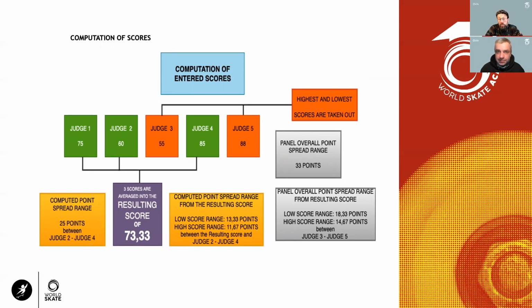Okay, why do we kick out the lowest and the highest scores? Well, basically, it's to have better consistency in the scoring, because there can be some difference of appreciation from some of the judges, and we figured out that this system is the best to provide an accurate ranking.